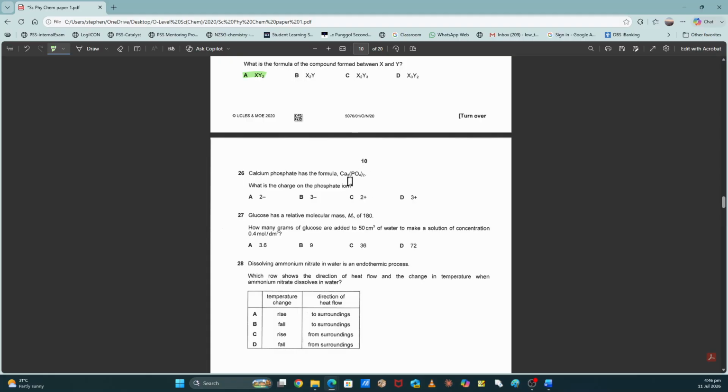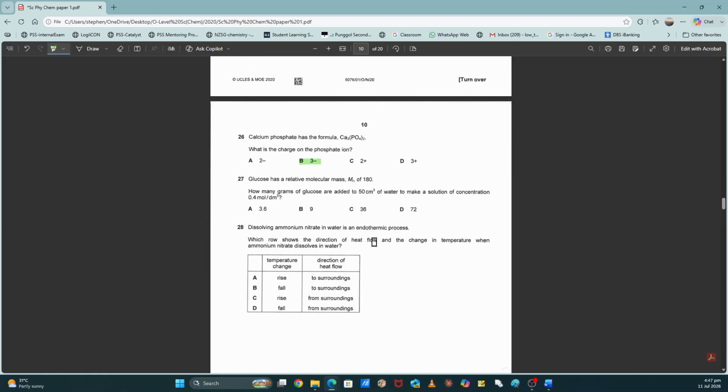So is it 3 minus or 3 positive? Okay, it's 3 minus because calcium is positive, it's a metal, and phosphate is a polyatomic ion, so it's 3 negative. Okay, a good revision for your formula, sorry.